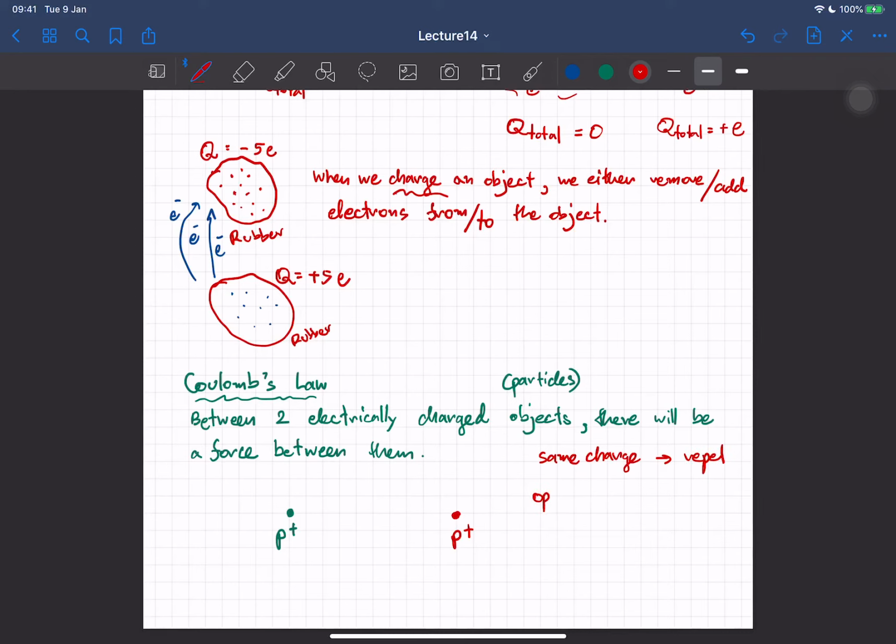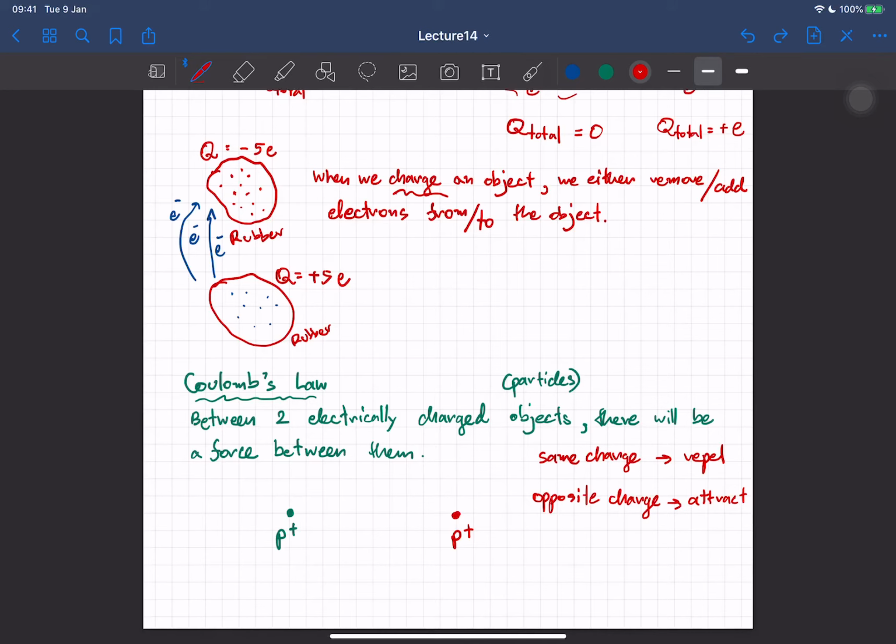And if you have opposite charge, they will attract each other. So here we have proton and proton, even though they are different colors, and that's just the way I chose the colors. But they are the same particle. They are both protons. They have the same charge, so they repel each other.